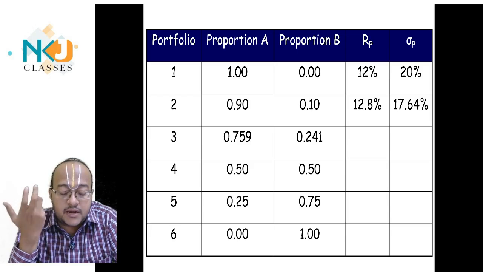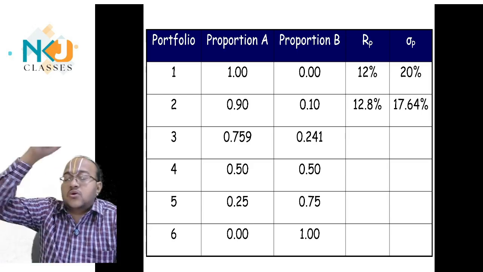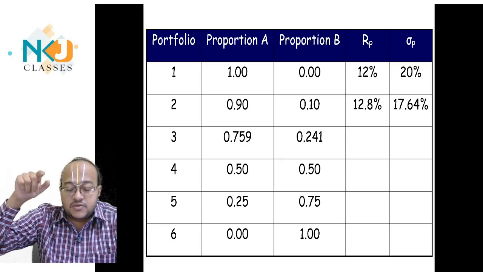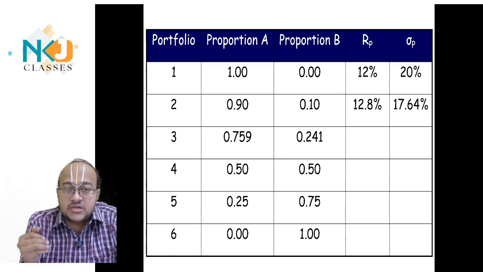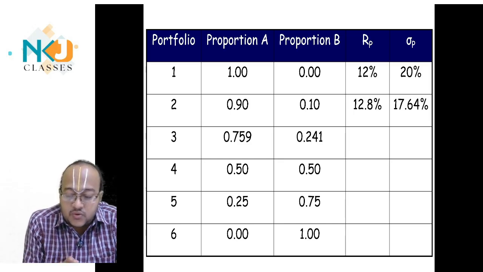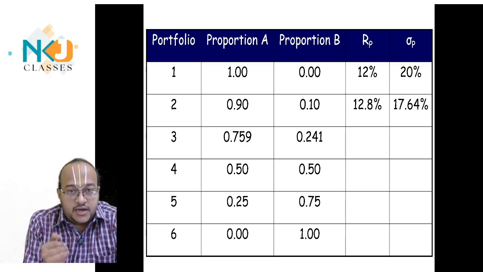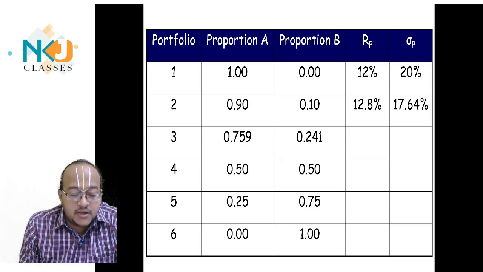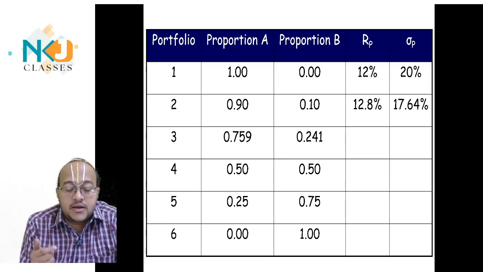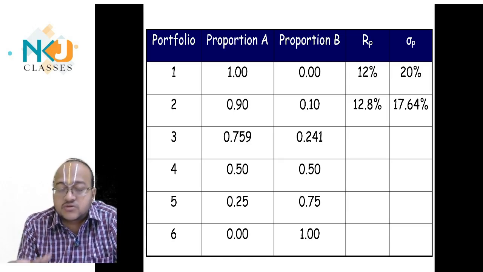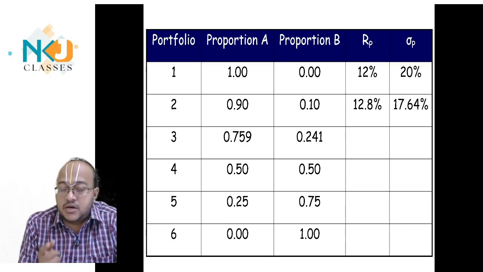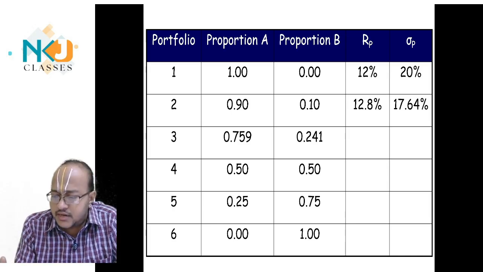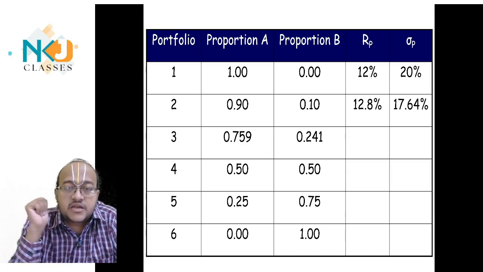Now risk, how do I arrive at this risk? Square root of W1 square sigma A square, which is 0.9 square into 20 square, plus W2 square, which is 0.1 square into sigma B square, which is 40 square, plus 2 into W1 W2 sigma A sigma B into the correlation of A and B, security A and B, which is given as minus 0.2.